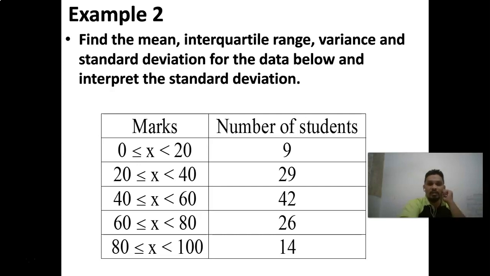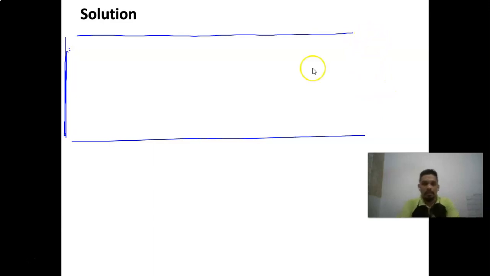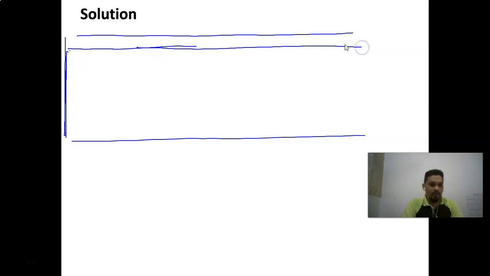Now, find the mean, interquartile range, variance and standard deviation for the data below and interpret the standard deviation. Now I need to sketch the table.